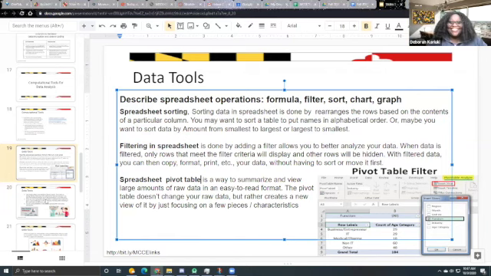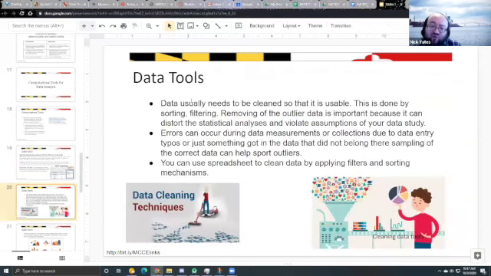Yeah. Okay, so those are some common tools within the spreadsheet, sort of changing those numbers around. One thing to think about when you're using data tools in spreadsheets or otherwise is that the data often needs to be cleaned or filtered or sorted to be usable and to eliminate errors, right?